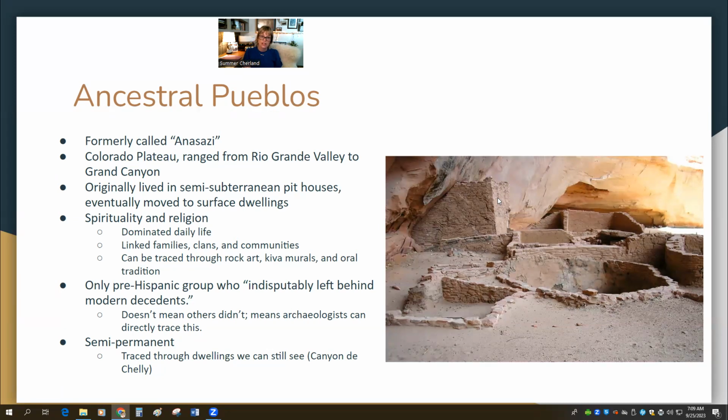That's not the case with the other two civilizations that we study, but it doesn't mean it's not true. It just means it hasn't been proven. They were semi-permanent, so we can see this through dwellings that we can still visit today, like this photo of Canyon de Chelly.